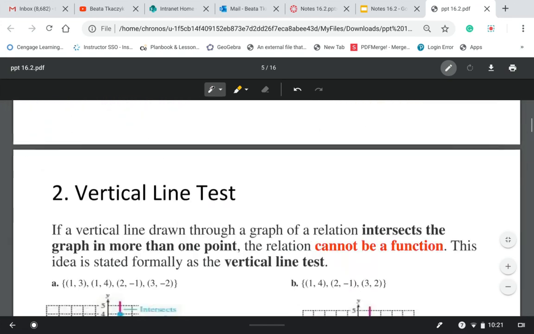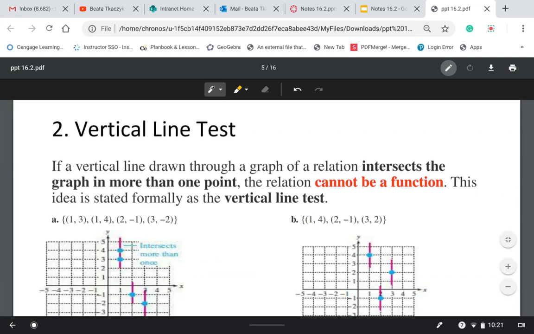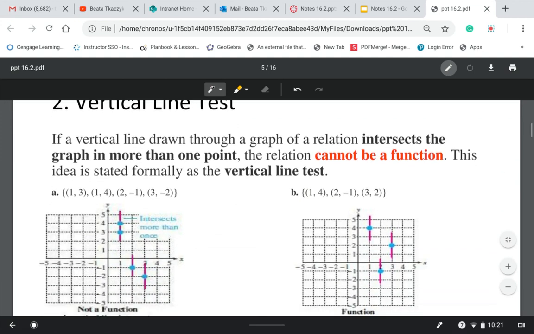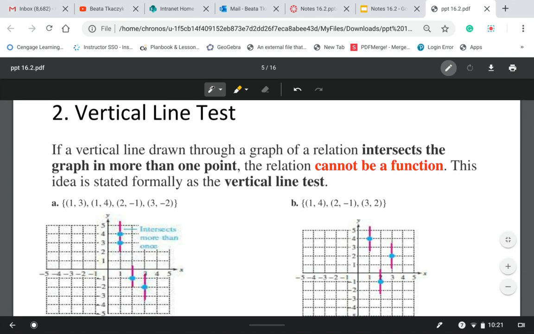Okay. So we're moving on. The next slide is about the vertical line test. The vertical line test is the test which will help you quickly decide if the given relation, expressed using a graph, is a function, yes or no. So how are we using the vertical line test?